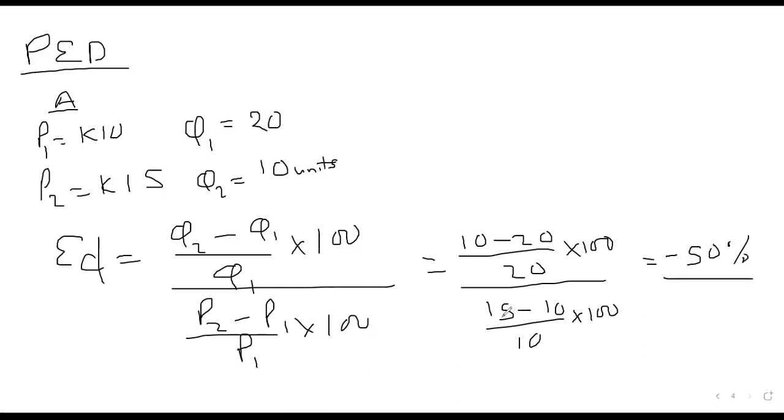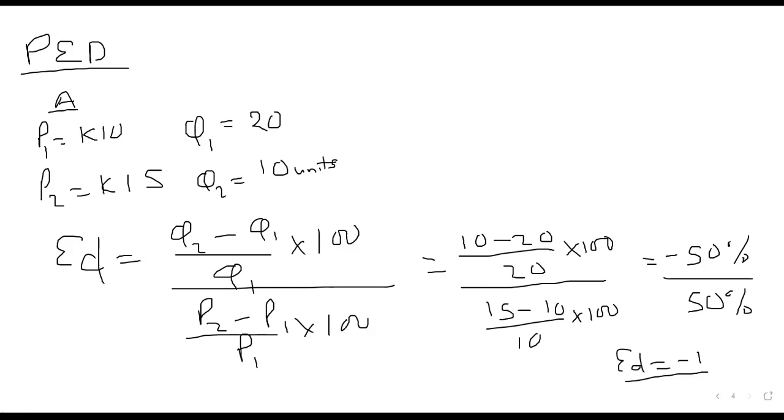Below, 15 minus 10 is 5, 0.5 times 100 is also 50%. When you divide that, we get an elasticity of demand of -1. So our comment is that the elasticity in this case is unit elastic.